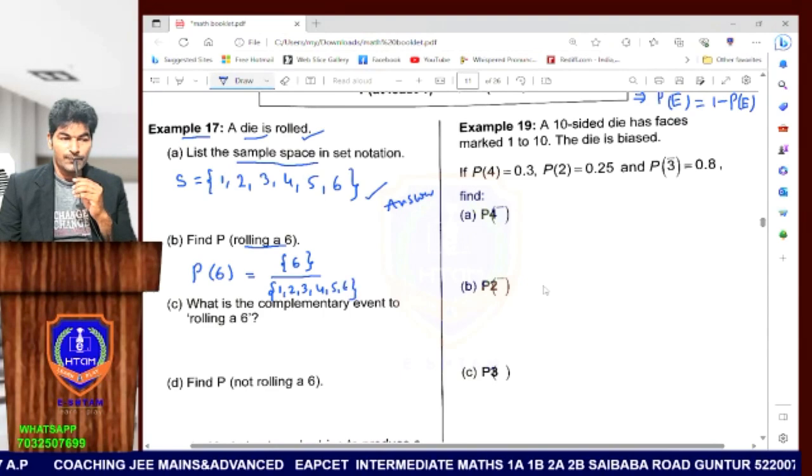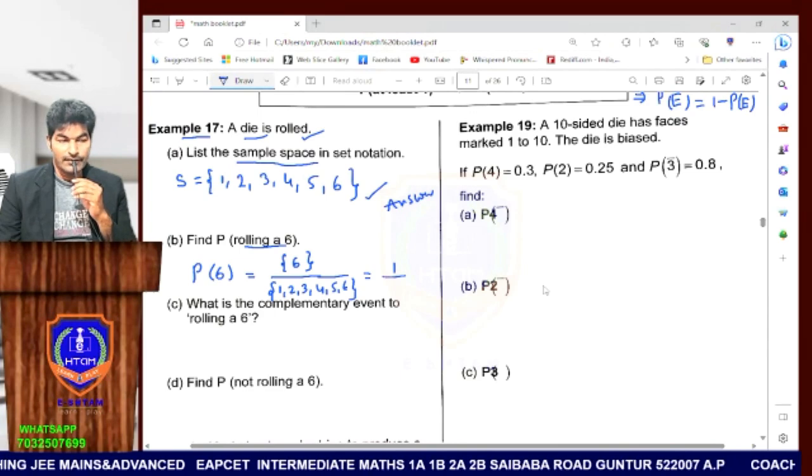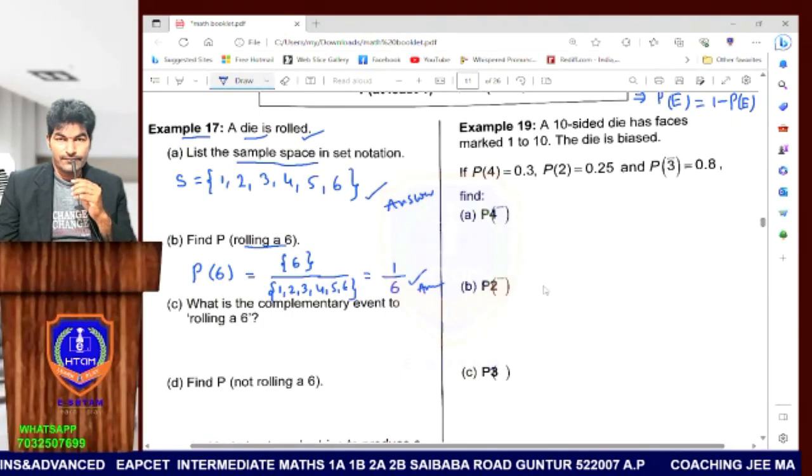Out of all these possibilities, we want only one outcome. So the number of elements in the numerator set is 1, and in the denominator set is 6. So the answer is 1 by 6. Understood?